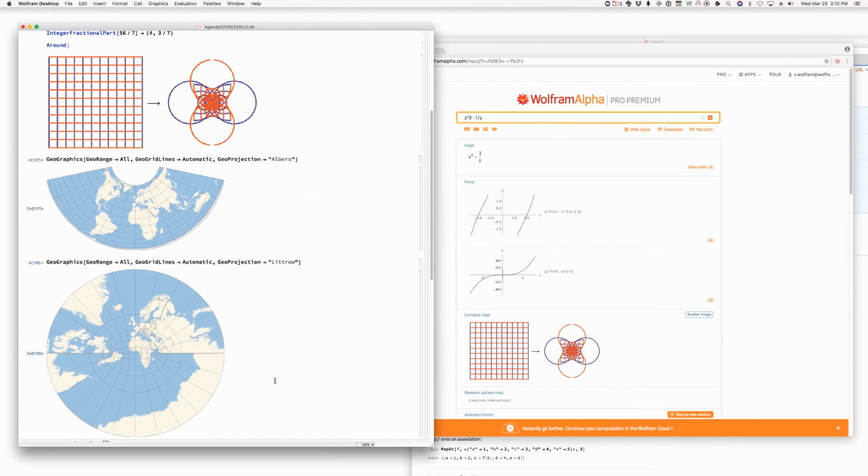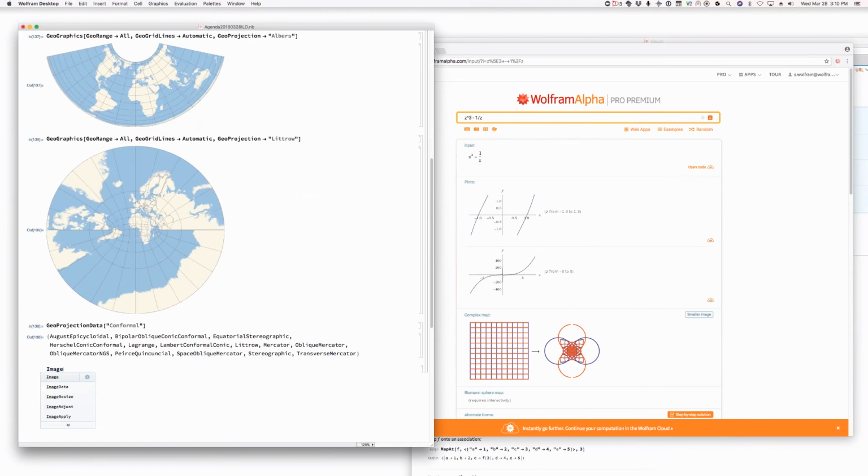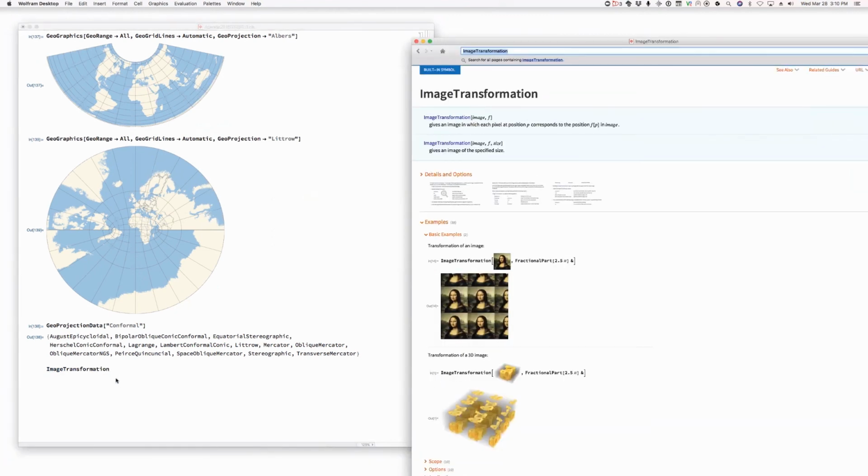Yeah, I understand. But in this case here, mapping R2 to R2, I'm a little confused, because isn't the image transformation something very much like that? Isn't that mapping R2 to R2? This is also mapping of R2 to R2, yeah.